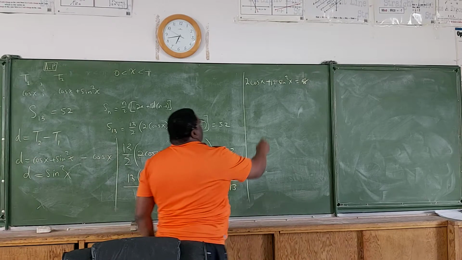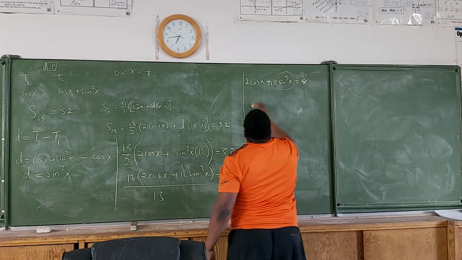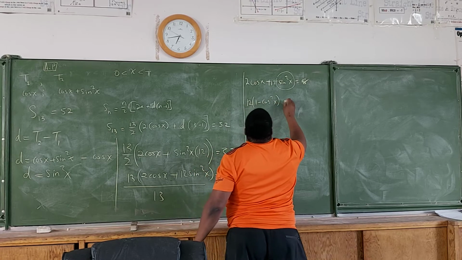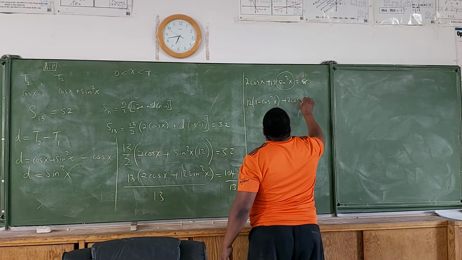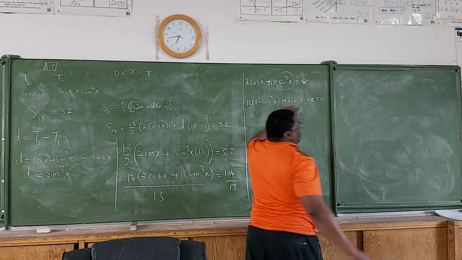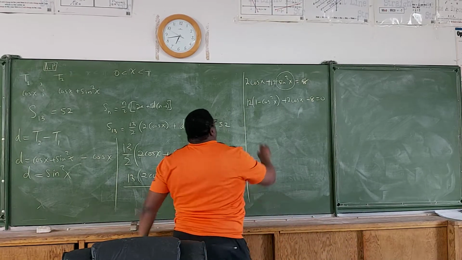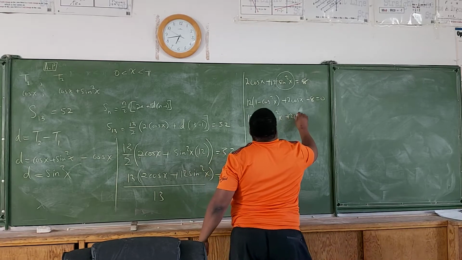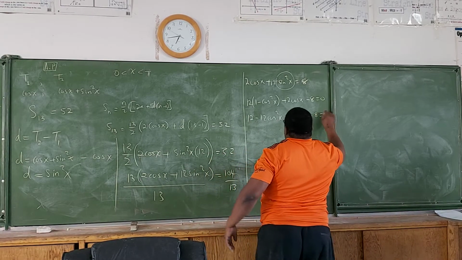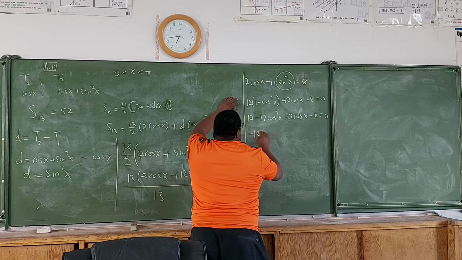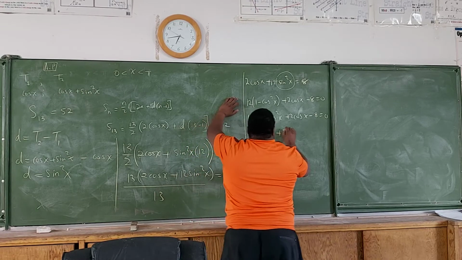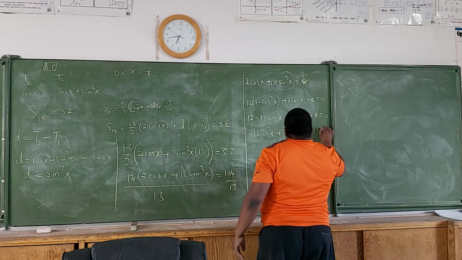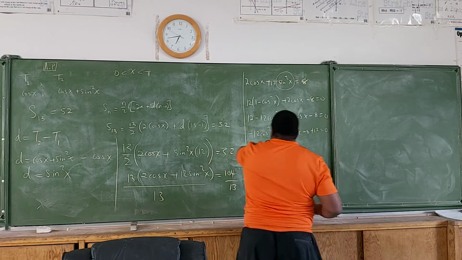This becomes 12 times 1 minus cos square x plus 2 cos x minus 8 equals 0. It becomes a quadratic. 12 minus 12 cos square x plus 2 cos x minus 8 equals 0. Minus 12 cos square x plus 2 cos x minus 8 plus 12 equals 0. 12 minus 8 is 4.